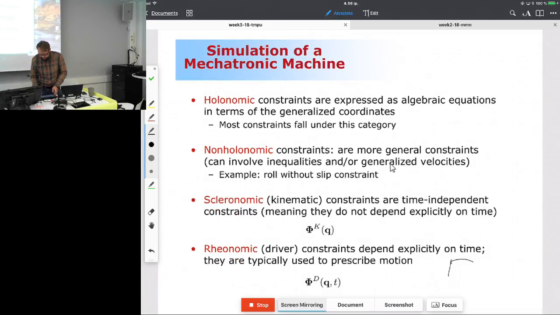If I have a box on a surface, and you introduce motion, if you say that this coordinate has to move according to a certain mathematical function, that's called a driven constraint. It's introducing motion to the system, so it's like an active constraint. Other ones are passive constraints. Okay? Just for your information.